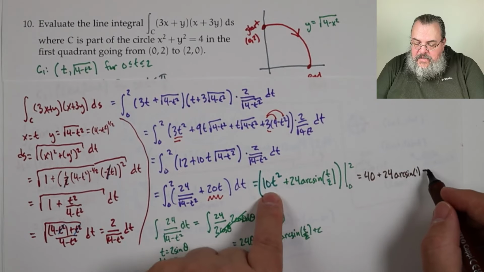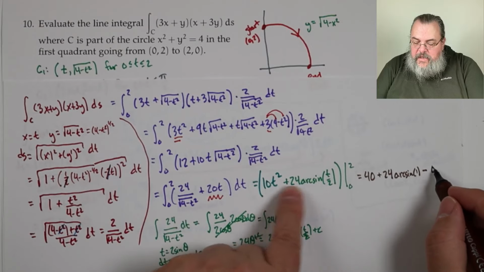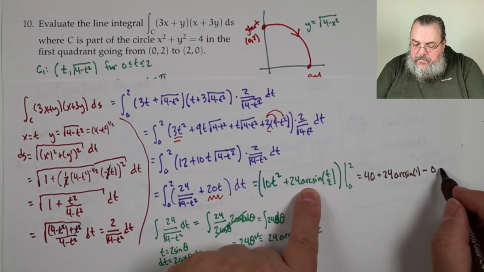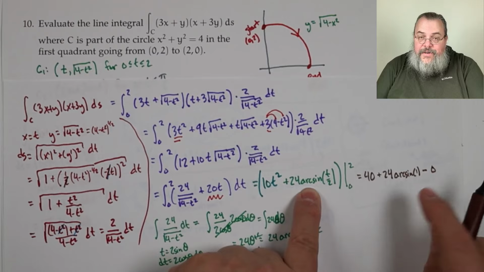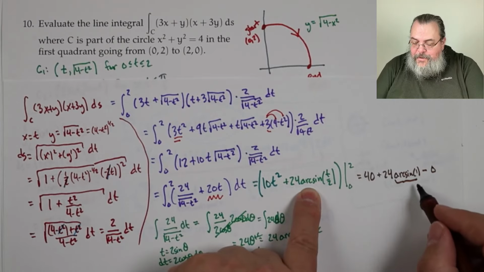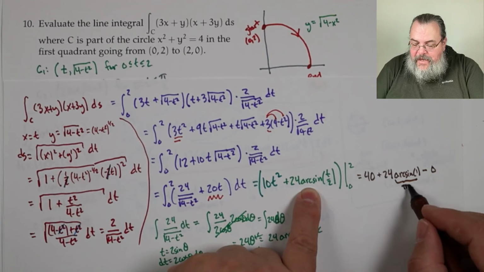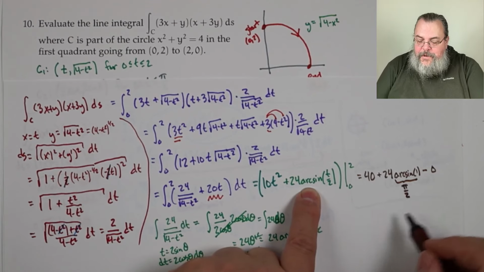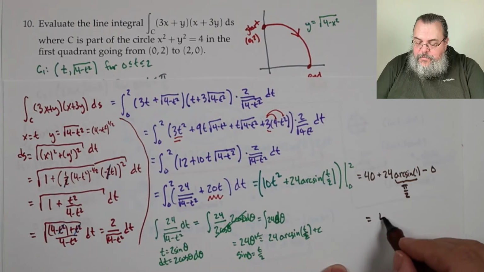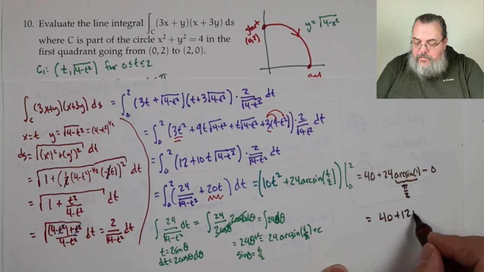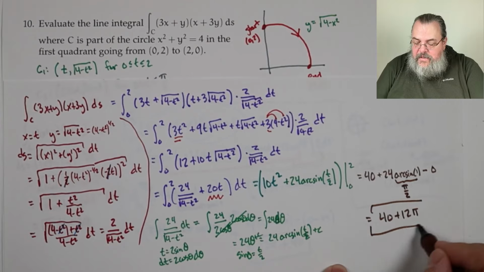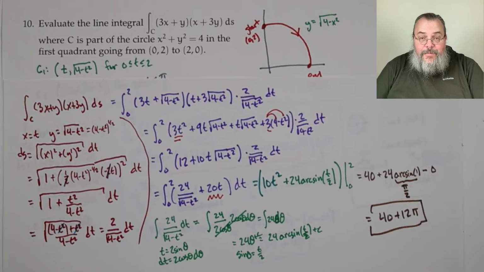Subtract 10 times 0 squared, which is 0, and arc sine of 0 is 0. And arc sine of 1, what angle gives you an arc sine of 1? Well, sine of pi halves is 1. 24 times pi halves would be 12 pi. So here we get 40 plus 12 pi.